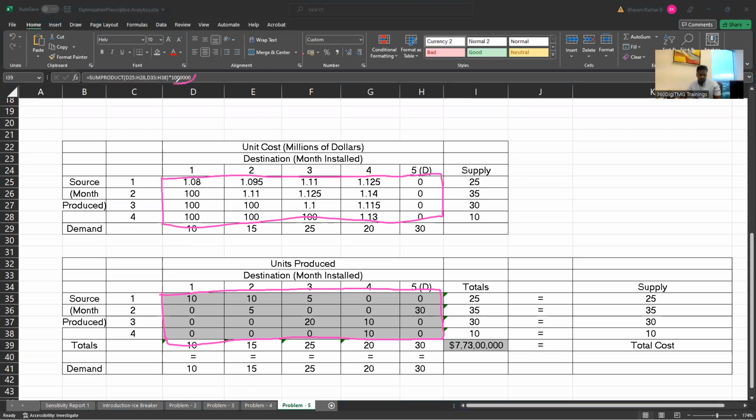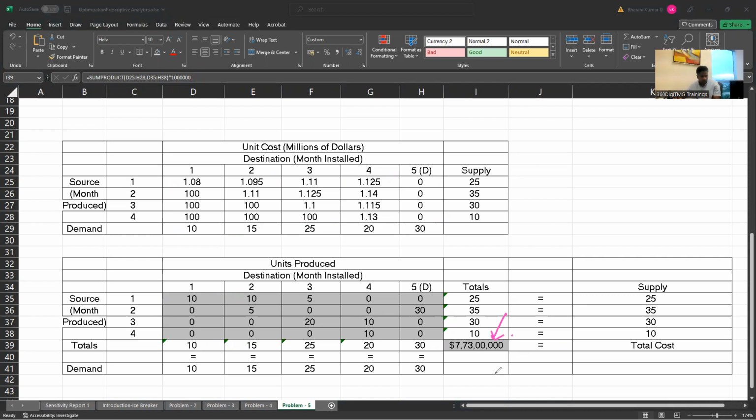And why are we multiplying it with a million here? Because we want to convert everything to 1 million. This is 1.08 million. This is 1.095 million. You're just converting that into thousands so that the complete value appears. All right. So we have also looked at the objective function.